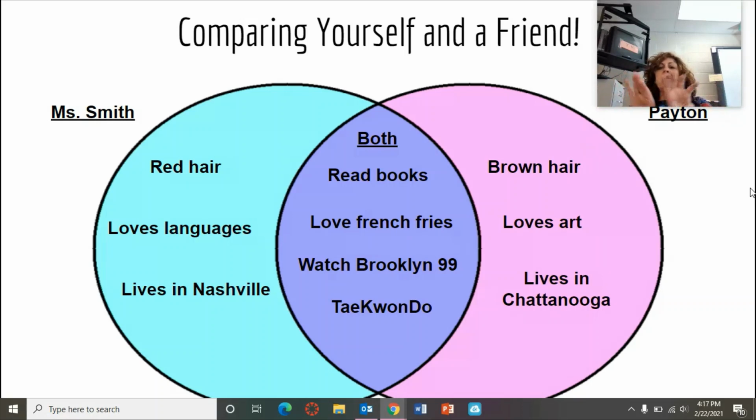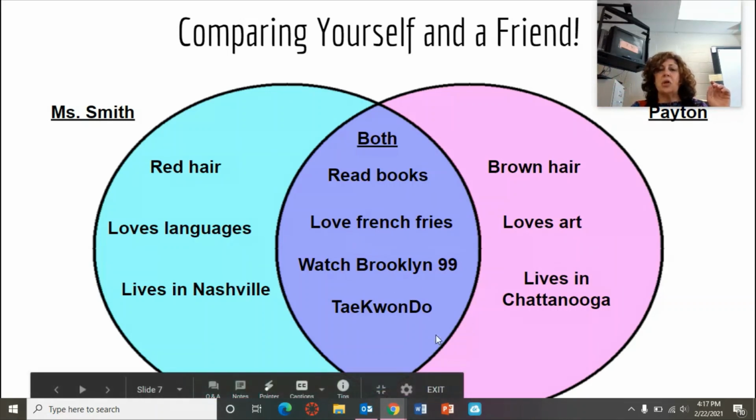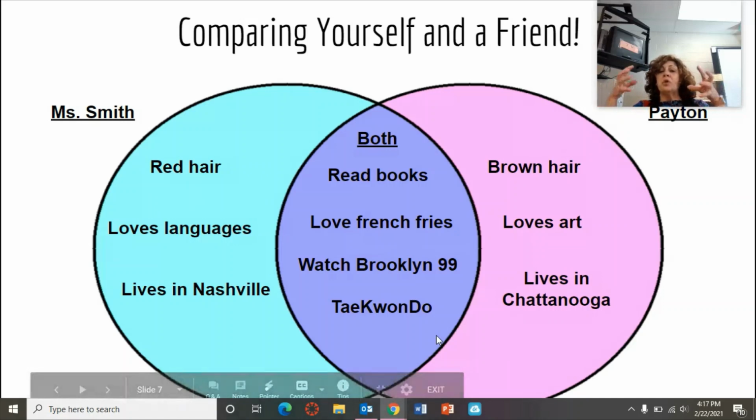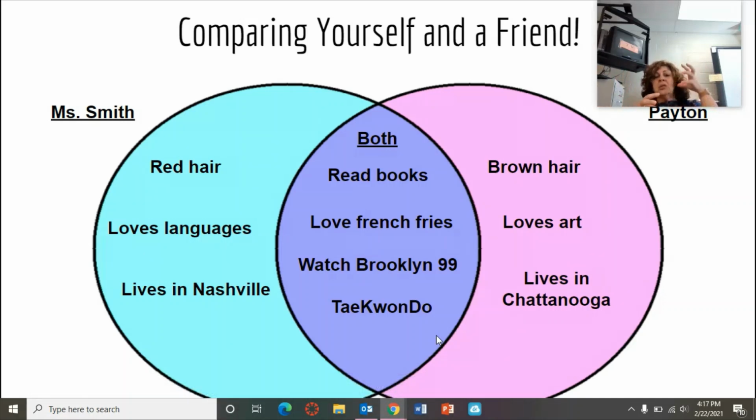Now, this goes on the outside part of the circle. Where the circle overlaps, right here in the center, that's where she put all the similarities. She says that both Miss Smith and Peyton like to read books, they both love French fries, both of them watch Brooklyn 99, and they both love to practice Taekwondo, right? So there we have it, all in a nutshell.